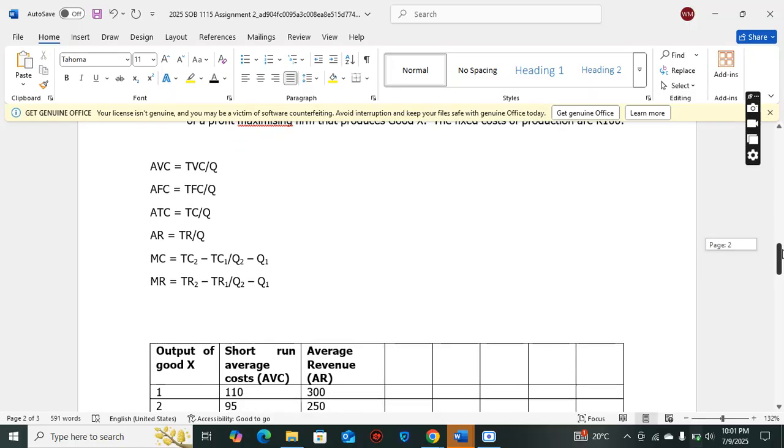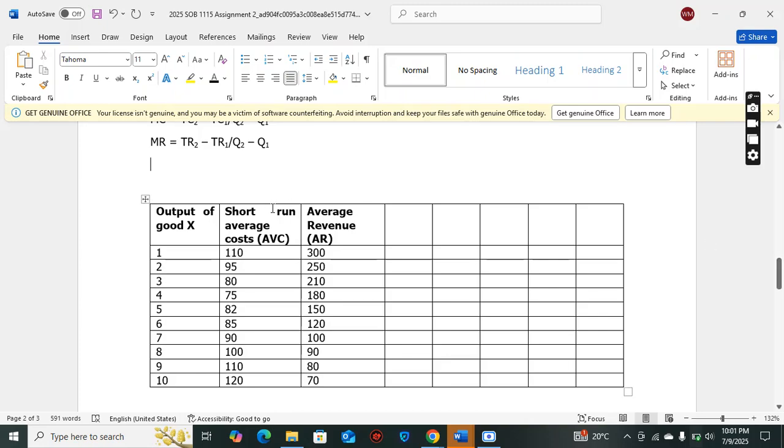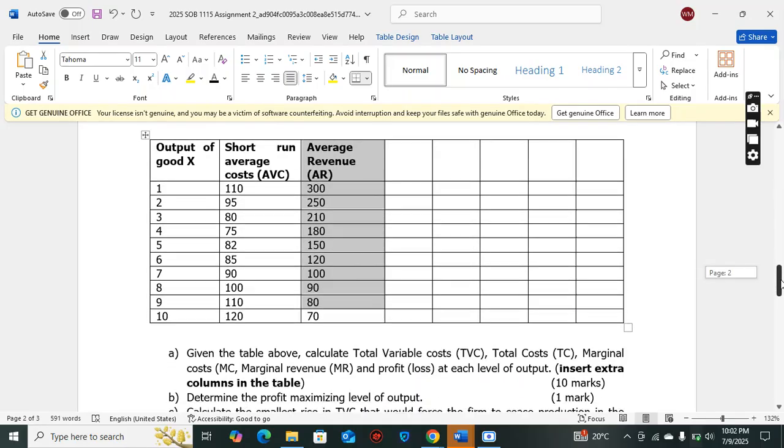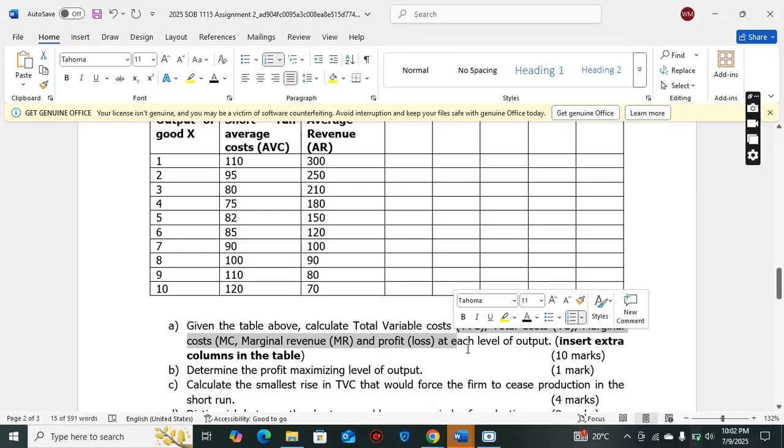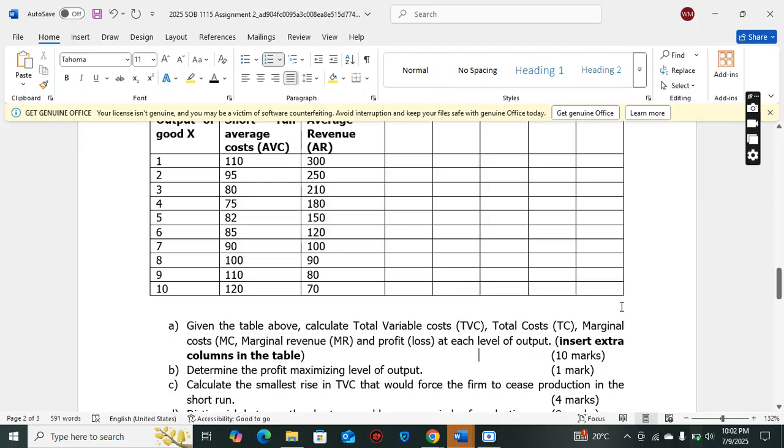Okay, so we've got our table here: short run average variable costs here, our average revenue here. All right, so here they want us to find our total variable costs, our total costs, our marginal costs, our marginal revenue, and our profit and loss at each level of output.